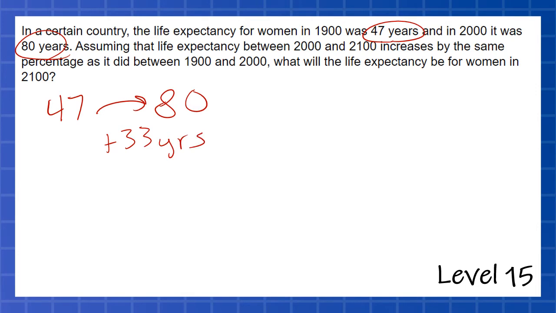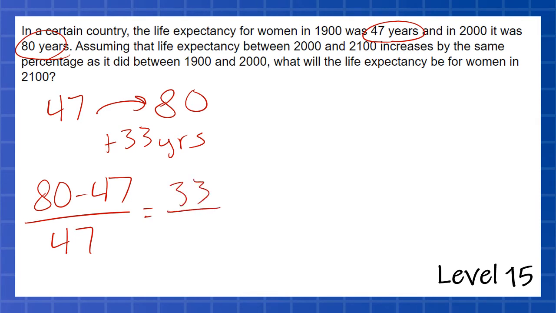Well, for our percent increase, we need to take our new minus our old, 80 minus 47, and divide by our old, or our original amount. If we do that, we end up with the 33, the amount it went up, divided by 47. Sorry, I'm going to use my calculator here.